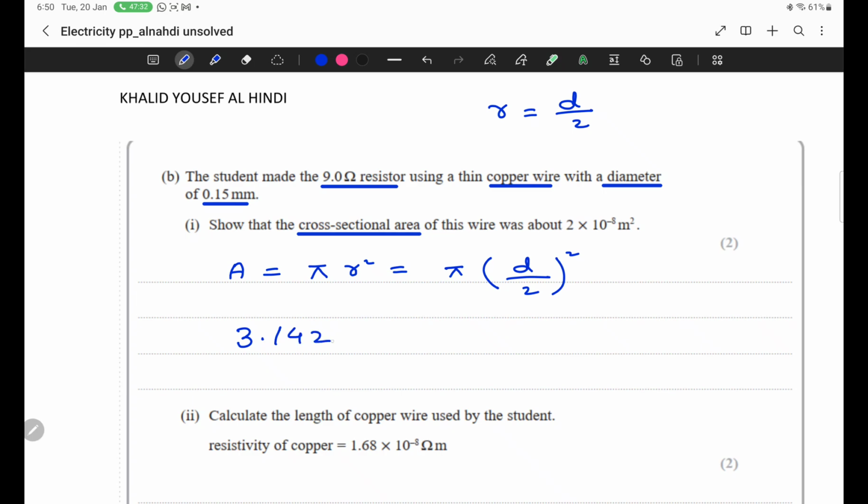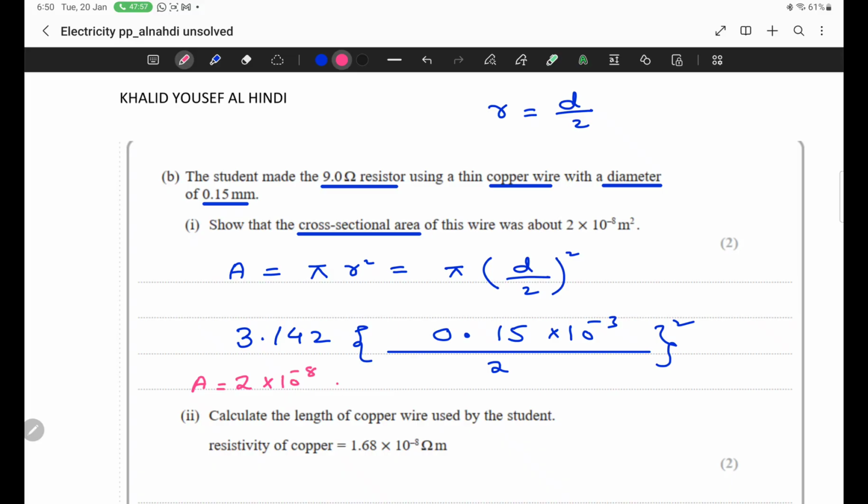The value of pi is 3.142, and the diameter is 0.15 millimeter, divided by 2, squared. When you solve it by calculator, the answer is 2 exponent minus 8. This is the area of the wire, so from the diameter you have calculated area.